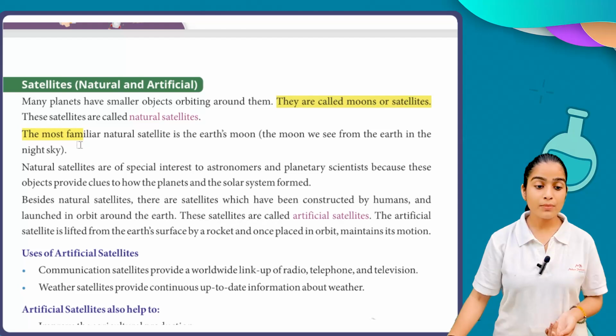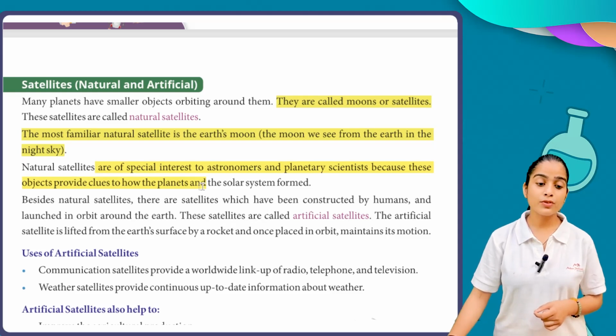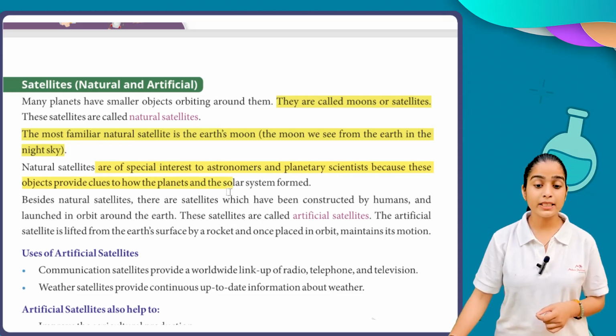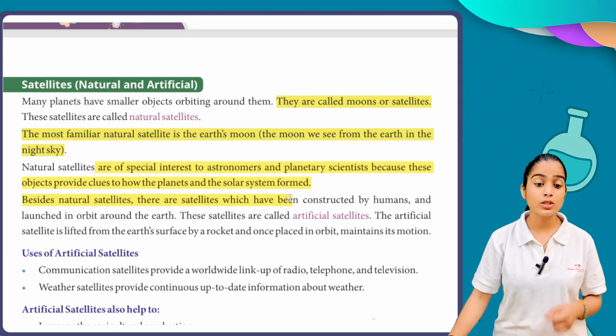The most familiar natural satellite is the Earth's moon. The moon we see from the Earth in the night sky, that is our moon. Natural satellites are of special interest to astronomers and planetary scientists because these objects provide clues to how the planets and solar system formed.